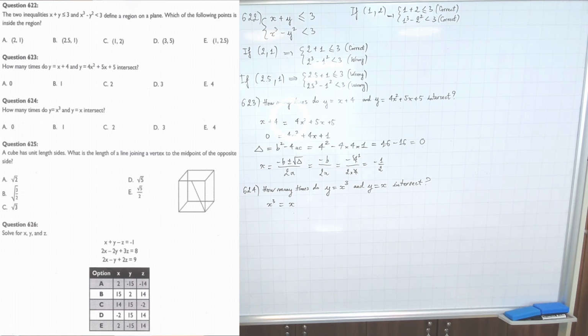Since now it's a quadratic-type equation, you have to rearrange it to solve it. So x cubed minus x equal to 0, which gives x times x squared minus 1 equal to 0. Then either x equal to 0 or x squared minus 1 equal to 0.